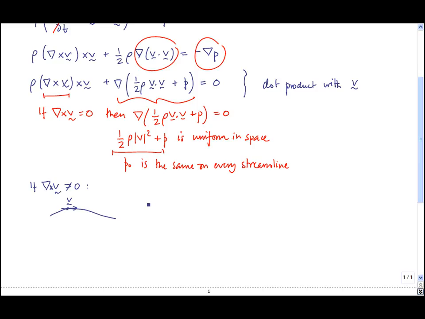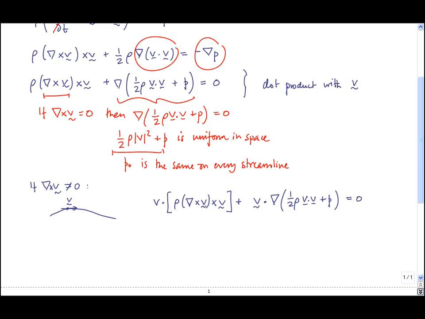So if I do that, I'm going to get v dotted with, I'll put it all in square brackets, rho curl of v crossed with v plus v dotted with the gradient of a half rho v dot v plus p, and that's equal to 0.